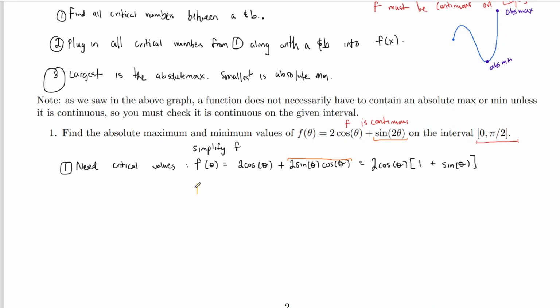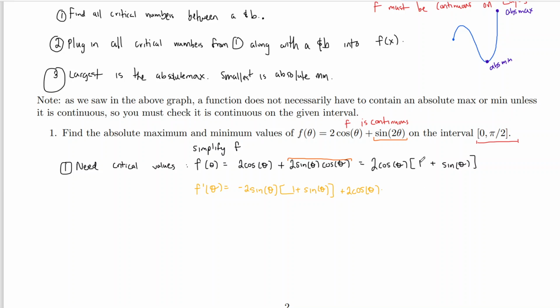Now let's do the derivative. So f prime of theta. Well, to do the derivative of this, we know we'll need the product rule. The derivative of cosine is negative sine, so the derivative of the first is negative 2 sine of theta times the second, 1 plus sine of theta, plus the first, plus 2 cosine of theta, times the derivative of the second.